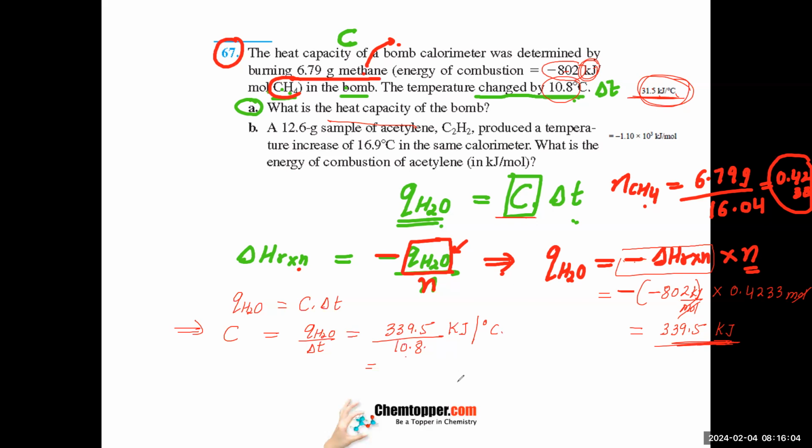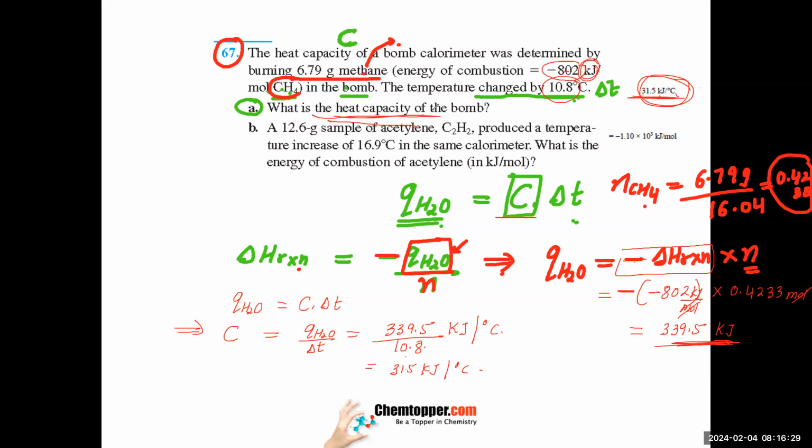Generally they say apply the sig fig rule in the final answer, because if you keep applying sig figs at every step, you'll get plenty of error in the final answer. How much is this? We are getting 31.5 kilojoules per degree Celsius.